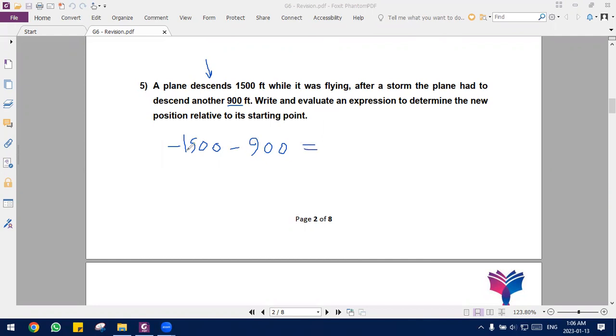So we compare the signs, they are similar. So it means we need to add the values. 1,500 plus 900, 2,400. Now pick the sign of the biggest, minus. Now the unit, feet.